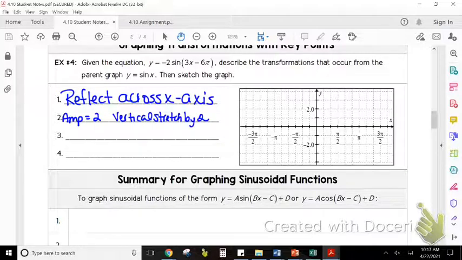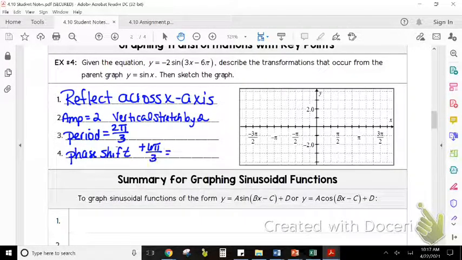All right, so then I see that 3x minus 6 pi. The 3 helps tell us what the period is, so that means our period, remember, is 2 pi over b, which in this case is 3, so our period is just 2 pi over 3. And then c and b help us find our phase shift. So our phase shift is going to be, let's see, it's a negative 6 pi, so that means it's going to be a positive 6 pi over b, which was 3, which means my phase shift is 2 pi, which means we're going to go to the right 2 pi for our first point in our table, okay?